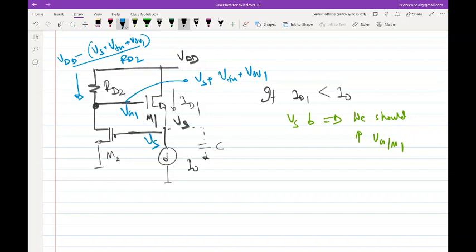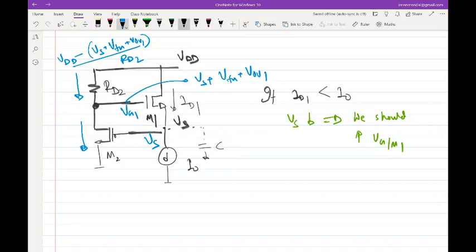VD2, okay, so let's see. Now you have everything in terms of Vs, correct? So how do you figure out Vs? You equate this current. What is this current? This current is whatever you found: VDD minus Vs minus threshold voltage minus V overdrive, divided by RD2.